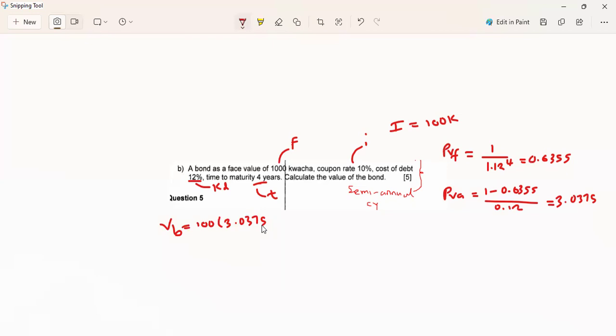Then the face value, which is 1000, times the interest factor, which is 0.6355. So what's the final answer? 939.25.